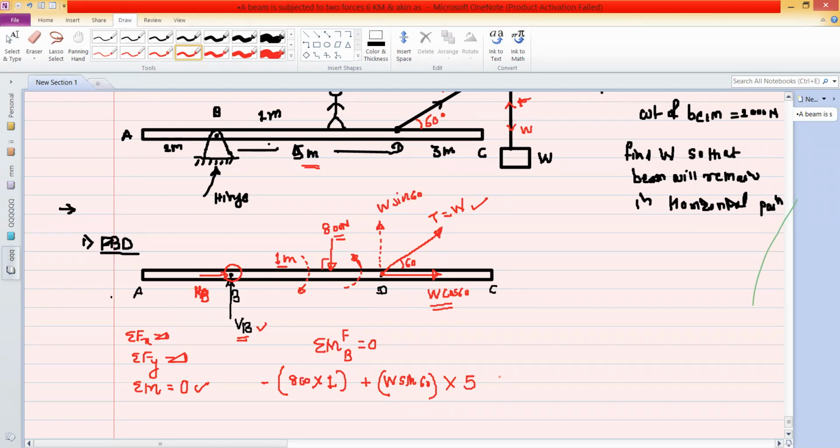So we have to equate the summation of moment to 0, and from this we can get the value of this W. We can rearrange the equation: W sine 60 into 5 is equal to 800 into 1. It is negative on the left side, so it is positive 800. From this, W is equal to 800 divided by sine 60 into 5.